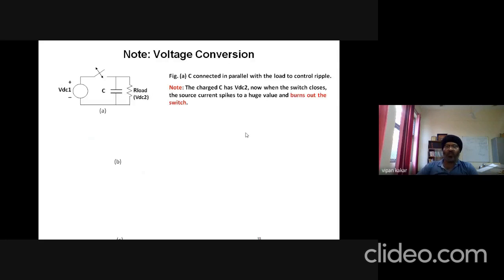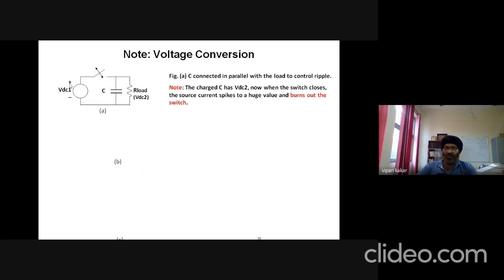Now when the switch closes, meaning when we turn on the switch, immediately a current spike takes place, and the switch can burn out, because the capacitor does not allow changes to happen instantaneously, but the source voltage changes instantaneously.